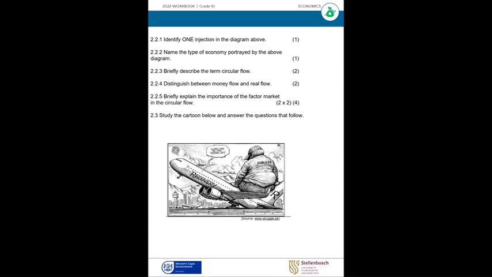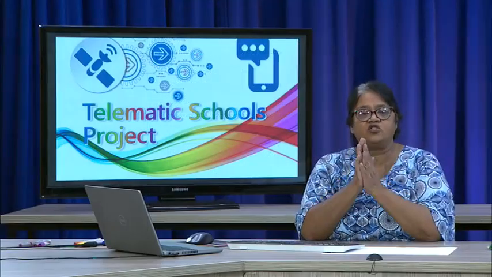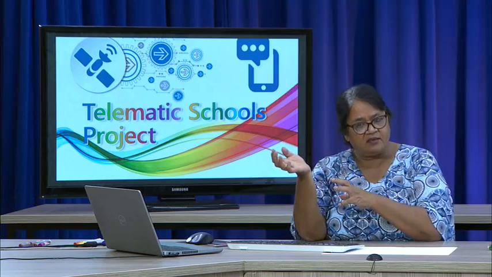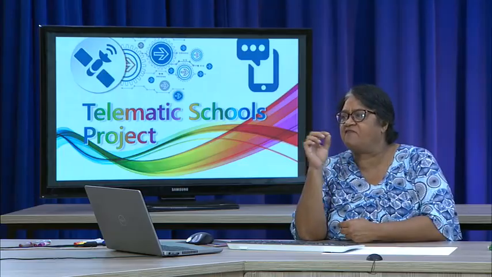2.2.5, briefly explain the importance of the factor market in the circular flow. Now there it says 2 by 2, meaning you've got to give at least 2 statements, right? You've got to say and explain, okay? So they're asking you, briefly explain the importance of the factor market.